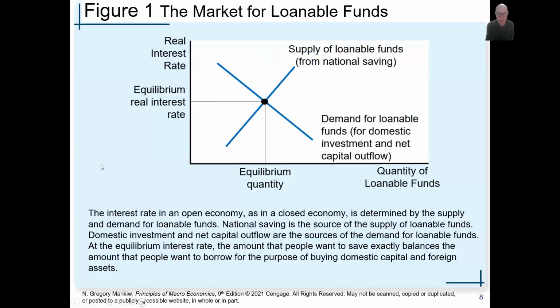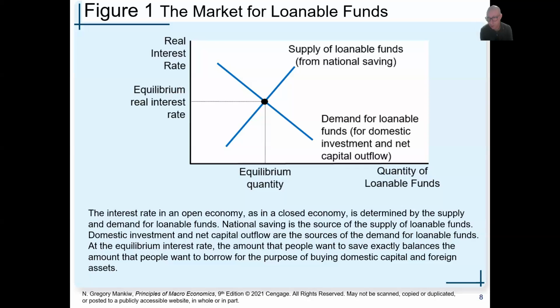Here's an example of the supply and demand curve for loanable funds. We see the real interest rate and the equilibrium interest rate. Equilibrium interest rate intersects with the equilibrium of the quantity of the funds available. So the real interest rate is on the y-axis. On the x-axis, we have the quantity of funds, total available dollars to be lent.